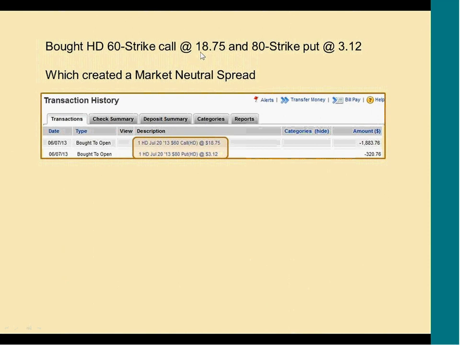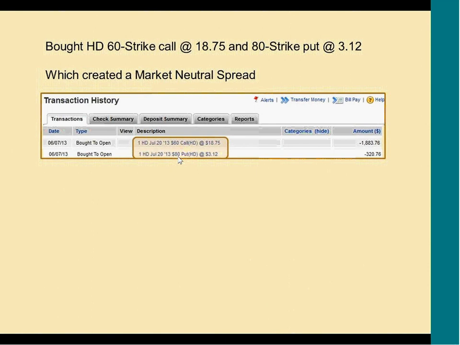So let's take a look at the profit potential for this spread I created last week. It shows the stock price of Home Depot and the call strike that I purchased, the 60 strike call at 18.75, and the 80 strike put at 3.12.